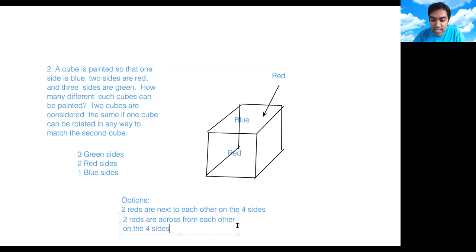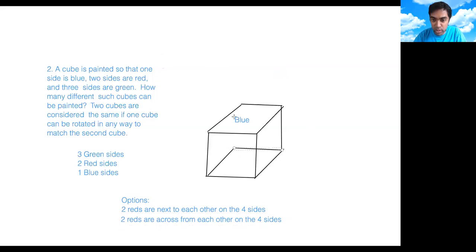Now, what's the last case? Where would the reds be that's different from these two? Any ideas? What's the other face we haven't considered?